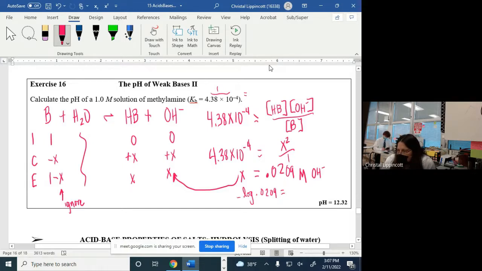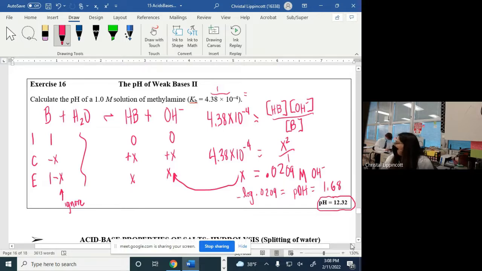So that's going to be, my POH, my bad, is going to equal 1.68. That's my POH. Now if I subtract that from 14, it's going to give me my pH.